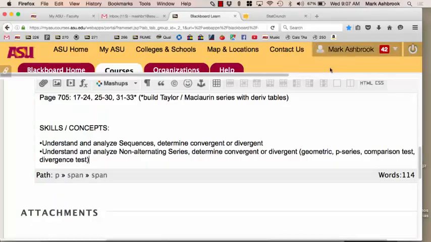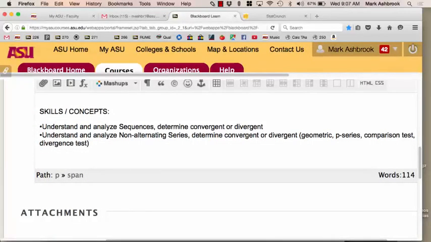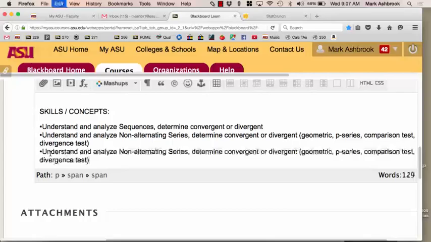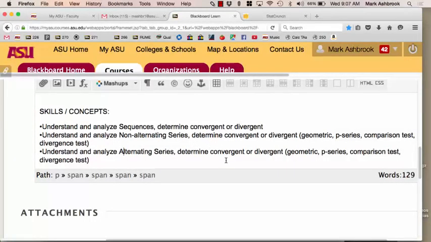Okay, and then what's next? Alternating. So understand and analyze alternating series. Determine if they're absolutely convergent, conditionally convergent, or divergent.